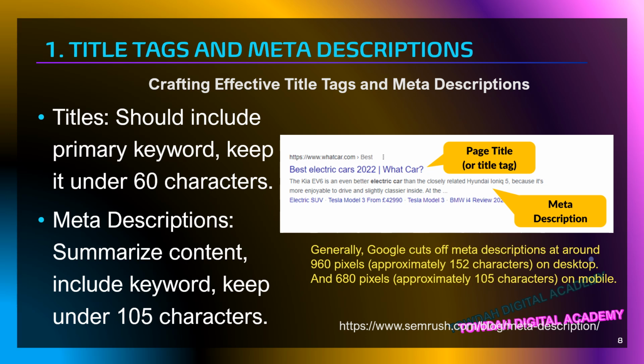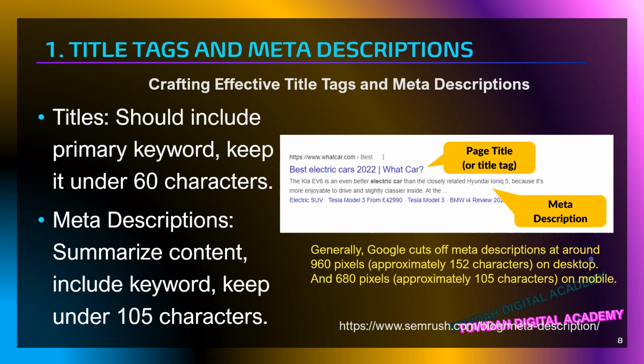So anytime you search anything on Google and it returns back those search pages, you would always see stuff like this. You'll see the page title, and you'll see the meta description. So in this, we fix it through the on-page SEO.